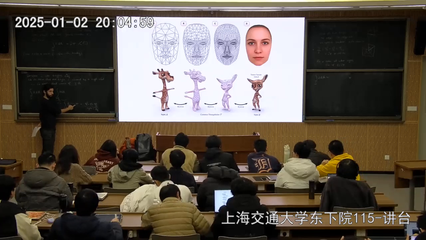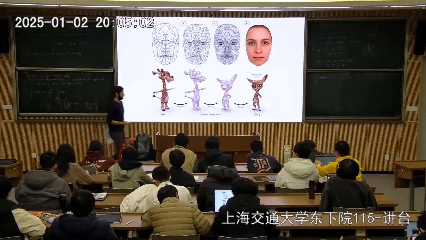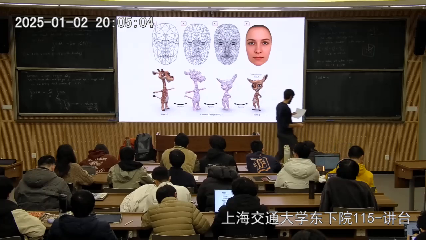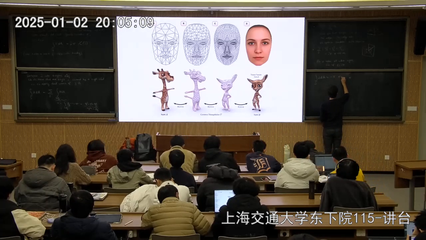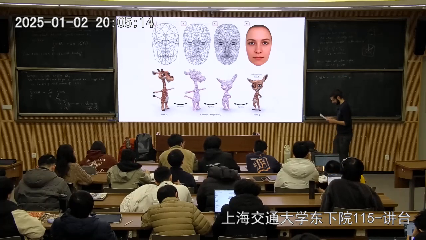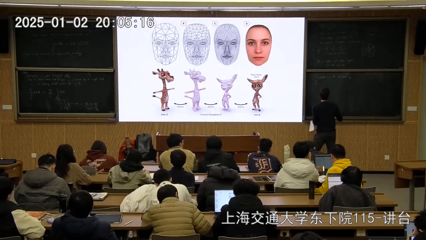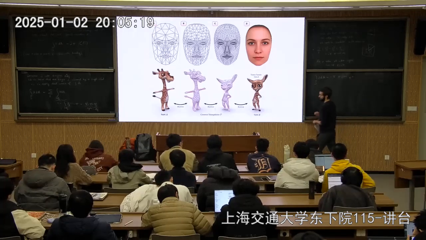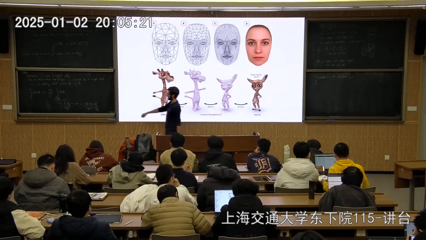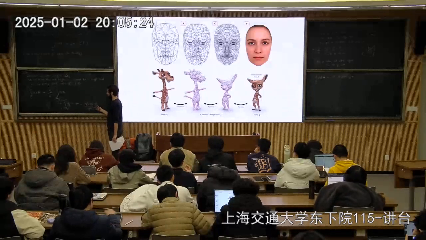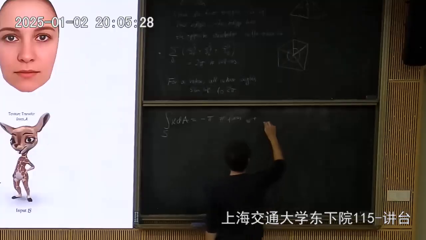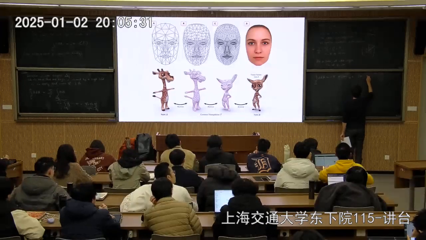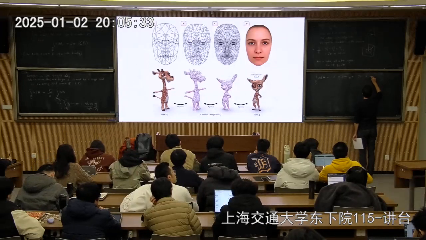For each one we get a constant, so that's minus pi, times the number of faces, or the number of triangles that we have. And then the last contribution was the sum over all of the interior angles. And as we discussed just now, that gives us plus 2 pi times the number of vertices.